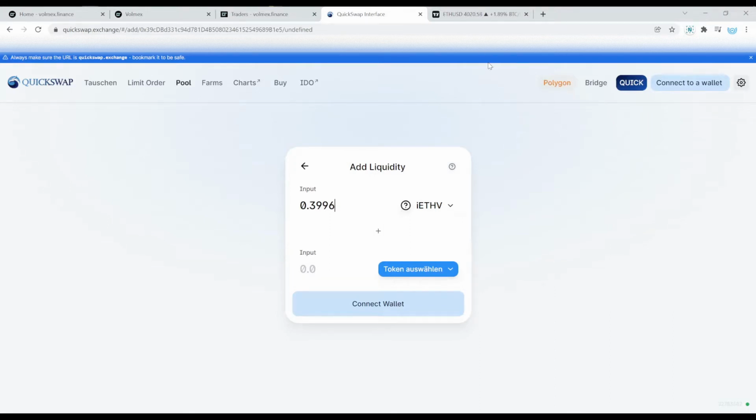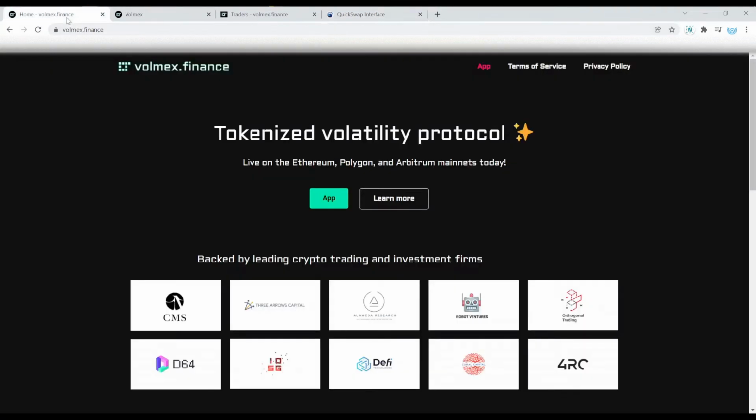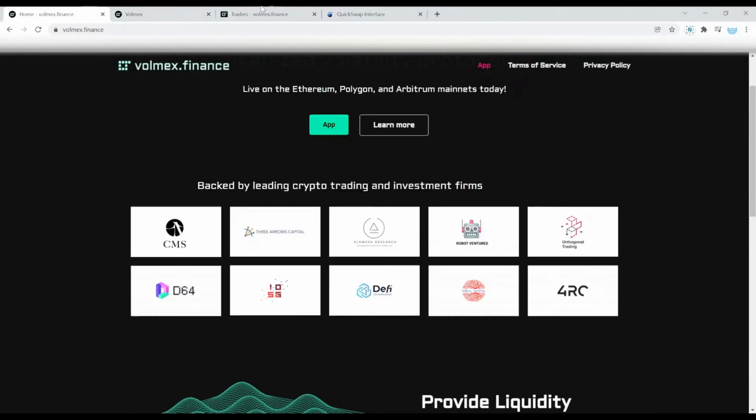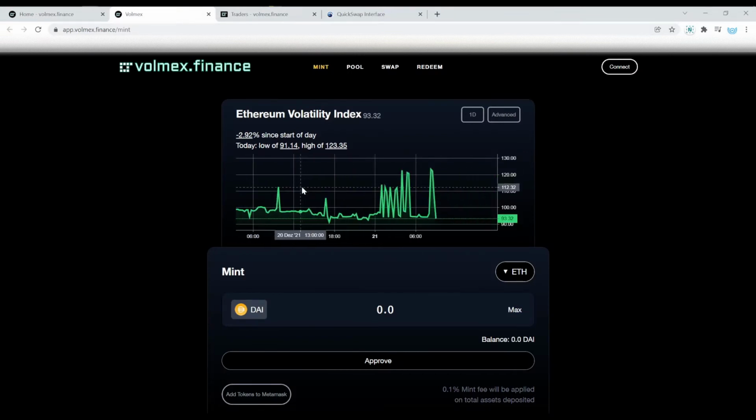So far, I'm testing it for almost a month now, and so far, it worked pretty well. Yeah, I just wanted to bring this to your attention. If you're interested in volatility, in hedging, have a look at this protocol and also at the option to provide liquidity, which is pretty cool.